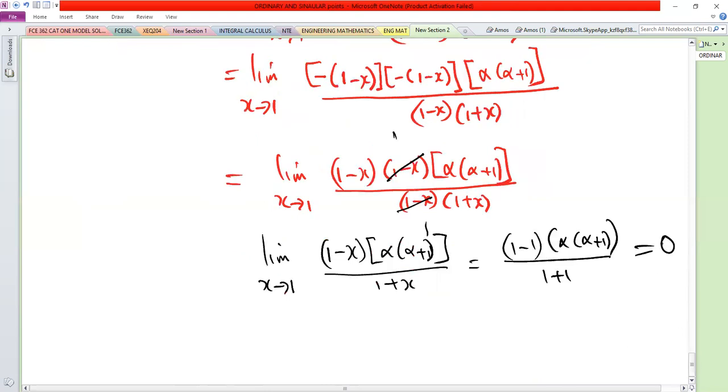So this is a finite value, and that's a confirmation that x equals 1 is a regular singular point. You can similarly do the case x equals minus 1 and confirm that both limits will give you finite values. So that's how we find ordinary singular points and regular singular points.